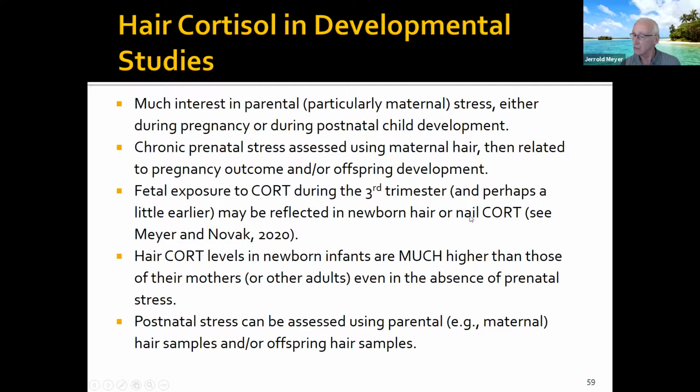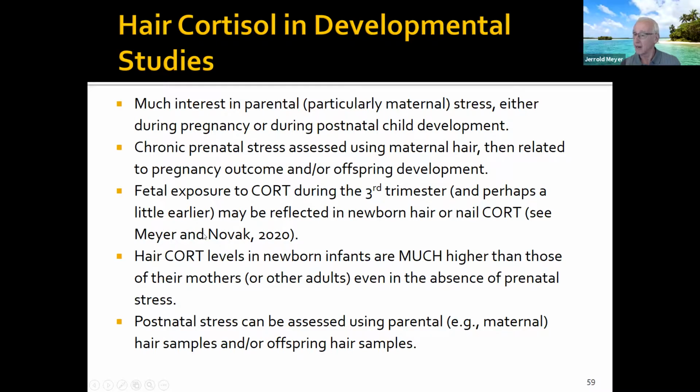In fact, probably a few nail collections by the parents still reflect prenatal nail growth. Maybe a better measure of fetal cortisol exposure, mainly during the third trimester and maybe a little earlier, because hair and nails begin to grow about mid-gestation. And so you could get some exposure prior to the beginning of the third trimester.